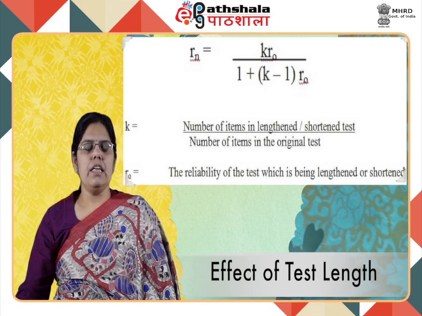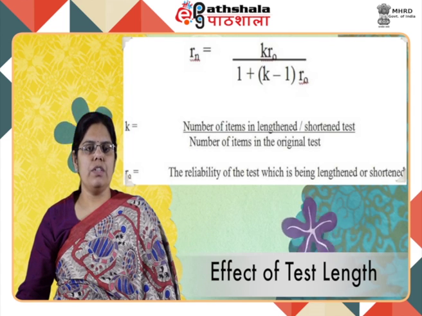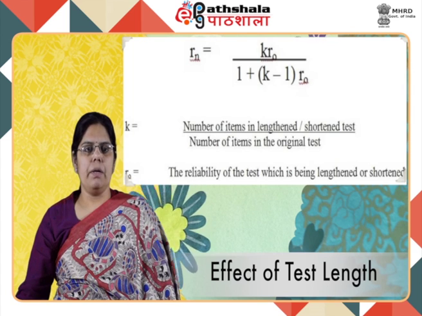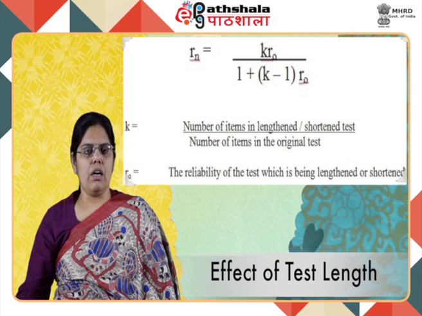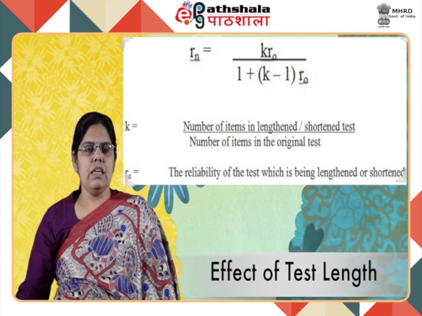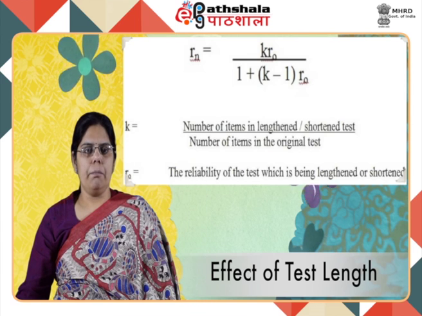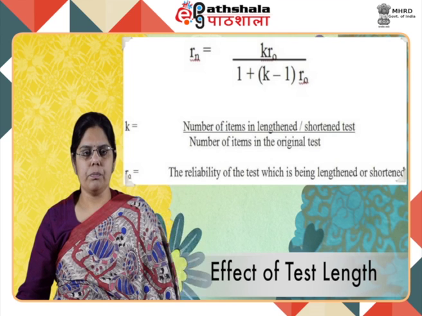New reliability can be calculated by using the formula KRO divided by 1 plus K minus 1 into RO, which is equal to 3 multiplied by 0.60 divided by 1 plus 3 minus 1 into 0.60.